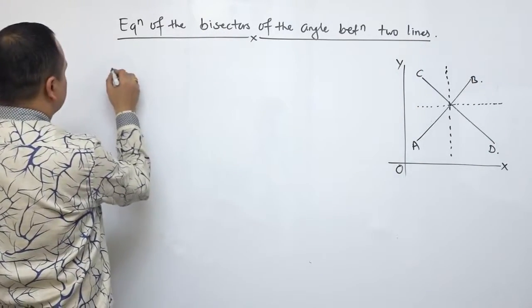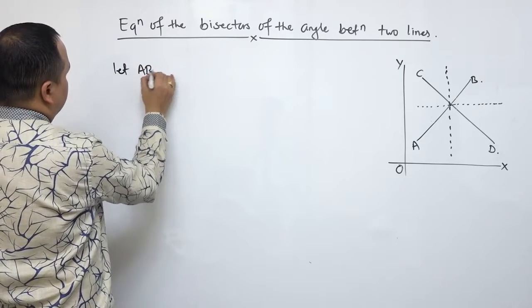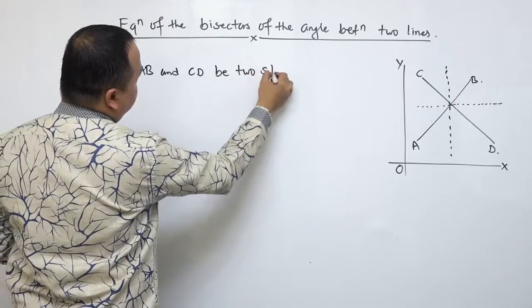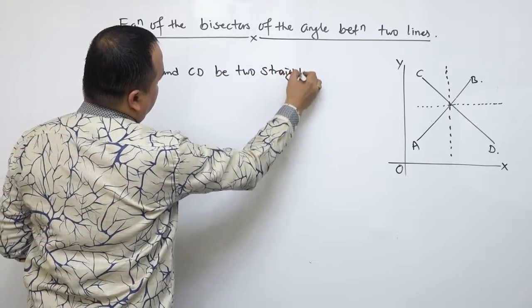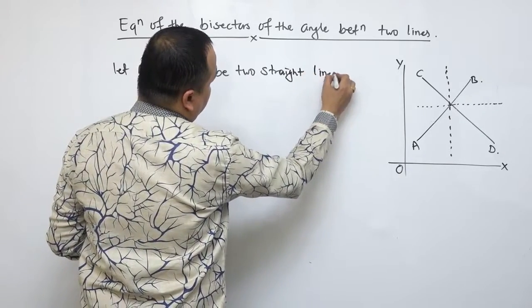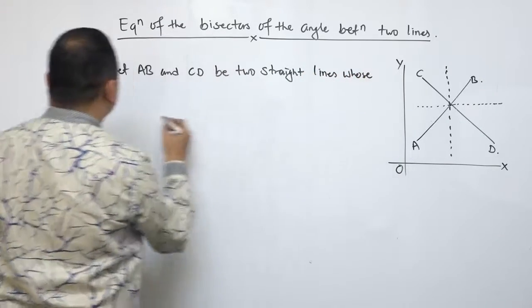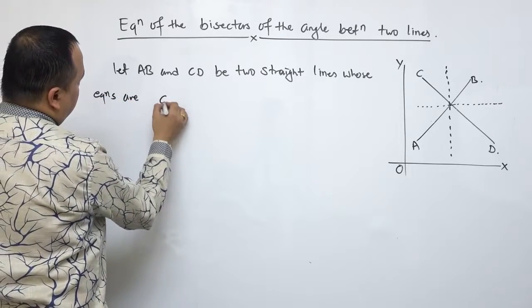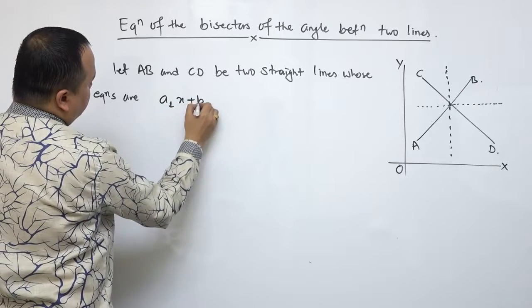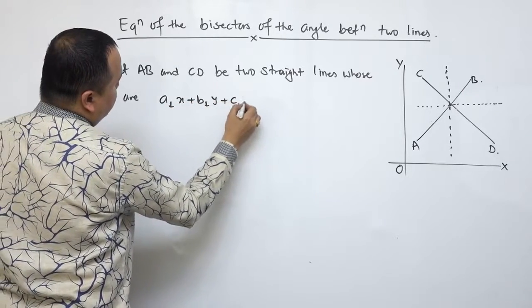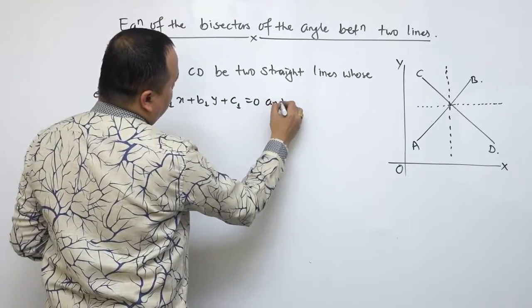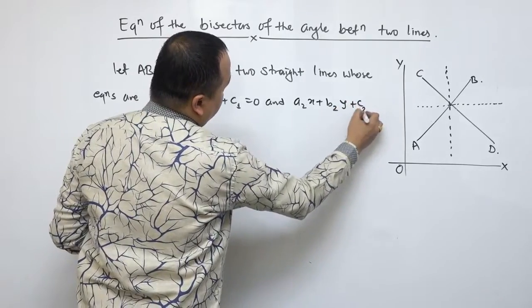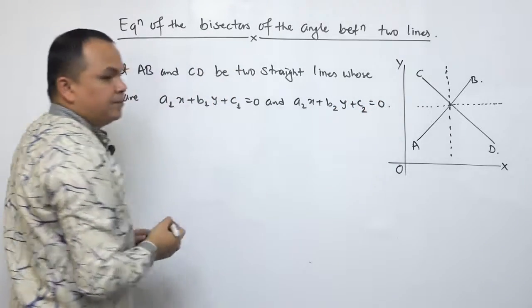Let AB and CD be two straight lines whose equations are a1x plus b1y plus c1 is equal to 0 and a2x plus b2y plus c2 is equal to 0.